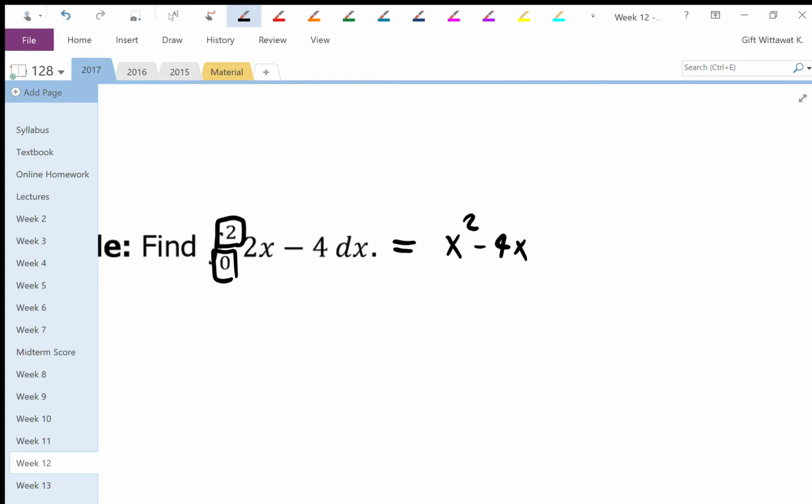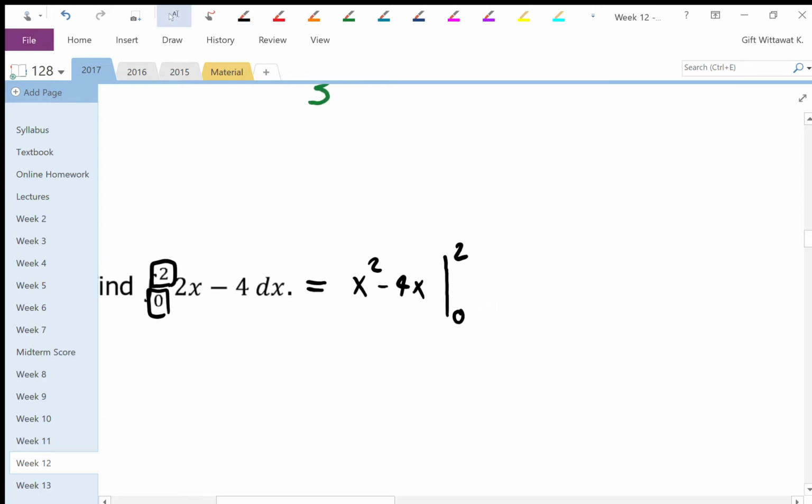And I'm also going to write this notation. So the vertical bar 0 and 2, this is basically to remind myself that I'm not done yet.